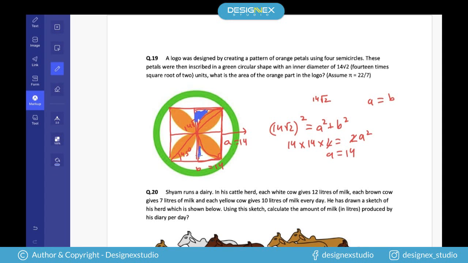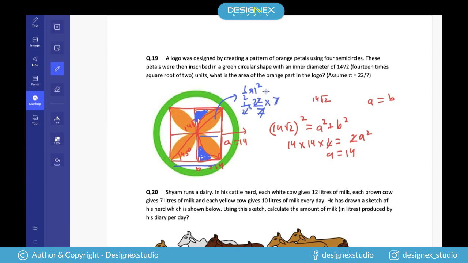That's pretty simple. So I'll calculate the area of this semicircle. That will be half into pi r square. So half into 22 by 7. Now radius would be 7 because this one whole side is 14. So radius will be 7 into 7.